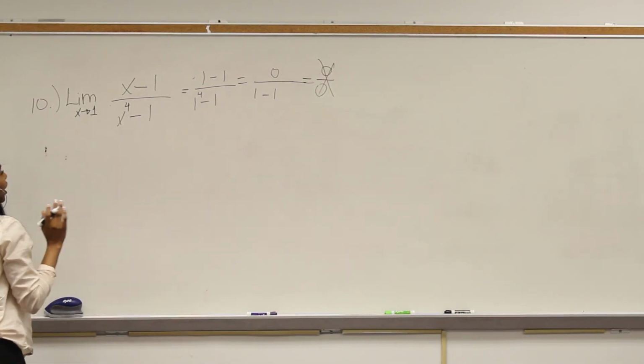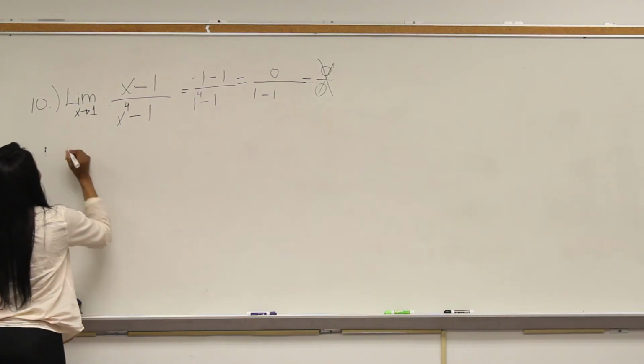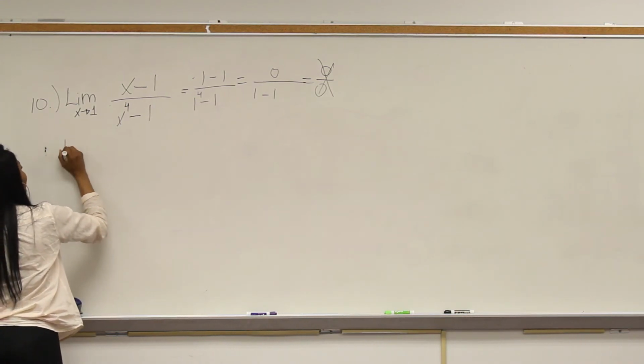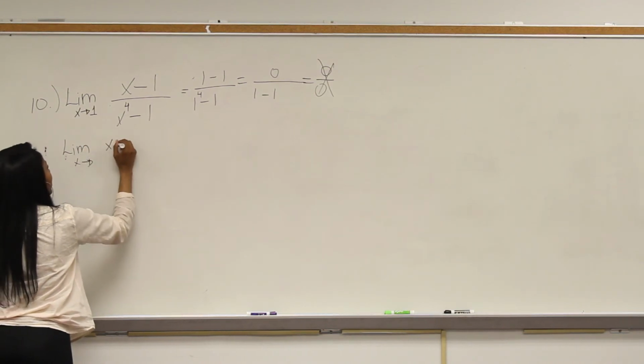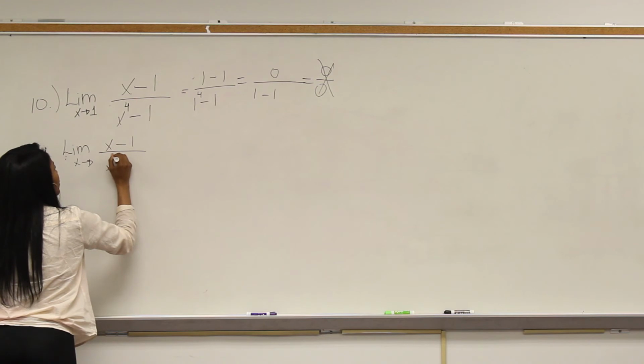Now we're going to change how it looks. So we're going to rewrite our question again. The limit as x approaches 1 of x minus 1 over x to the 4th minus 1.